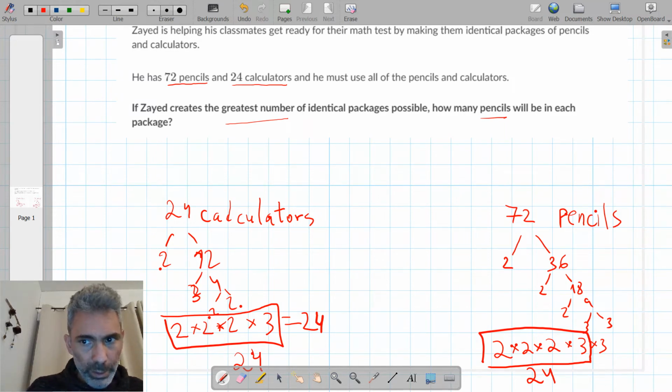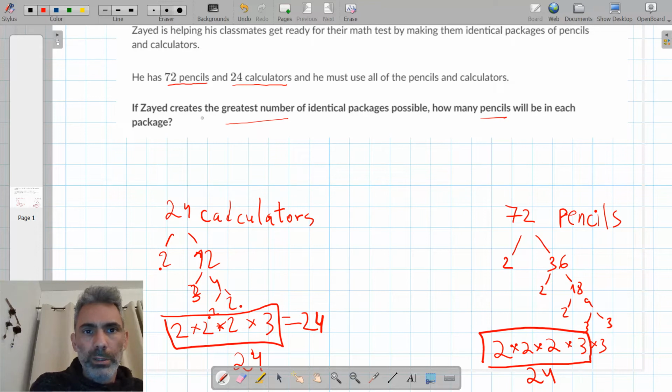And these 72 pencils can be divided into 24 groups with 3 pencils in each group.